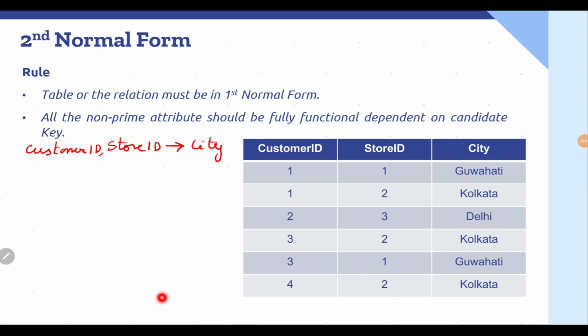Now we are going to check this functional dependency with the data available here. This is the first record: customer ID 1, store ID 1, and Guwahati is the city. So let's consider 1,1, Guwahati.